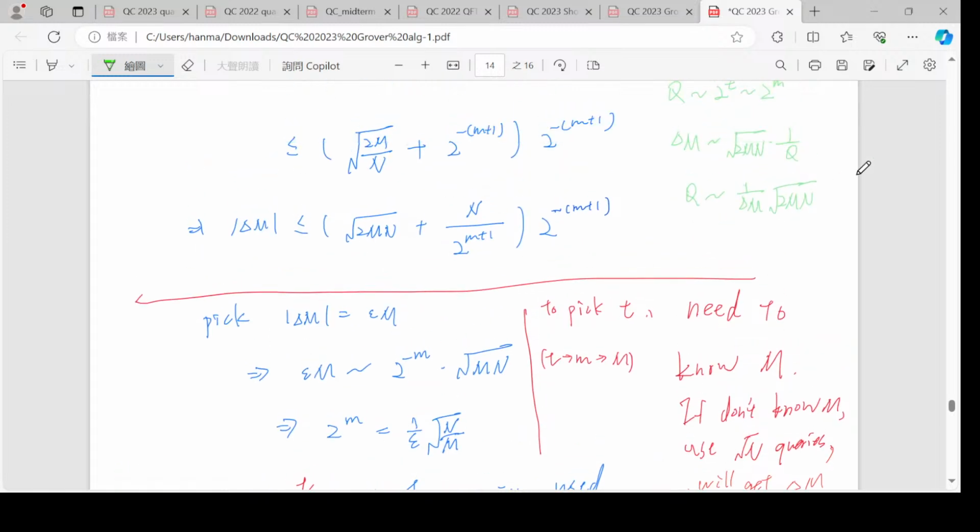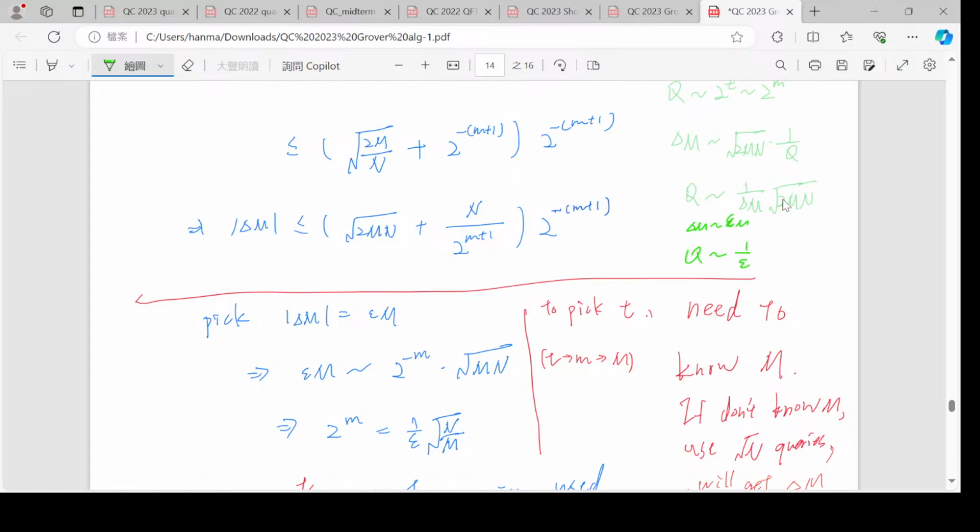Finally, we can connect this to epsilon. So we pick delta n about epsilon n, and then the number of queries will be about 1 over epsilon.